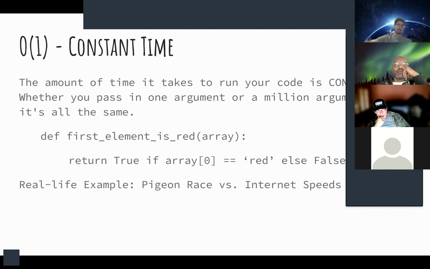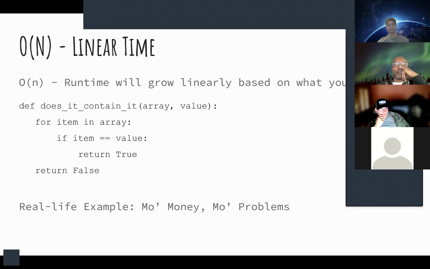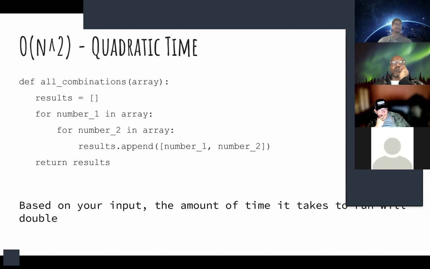If I pass in a list that is 5 things long, it takes 30 seconds. If I pass a list that's 5 million things long, it takes 30 seconds. In the linear case, if I pass in a list that's 5 things long, it can take 5 seconds. Great. If I pass in something that's 5 million things long, it takes 5 million seconds. That's not so great. The quadratic time, if I pass in something that's 5 things long, it'll take 25 seconds.